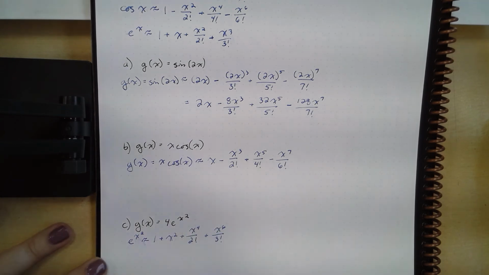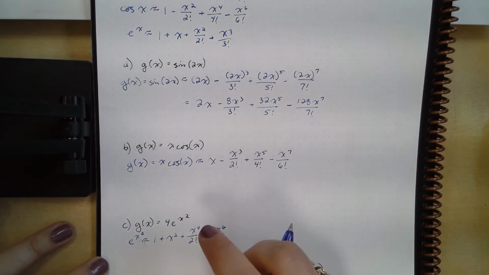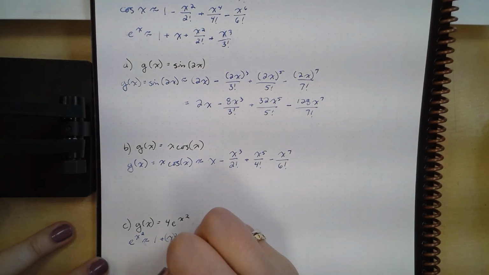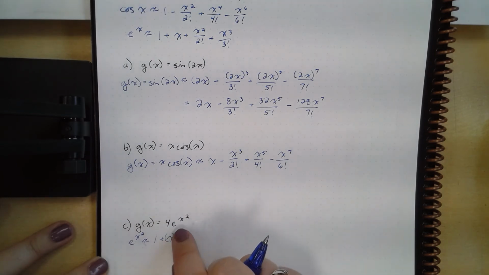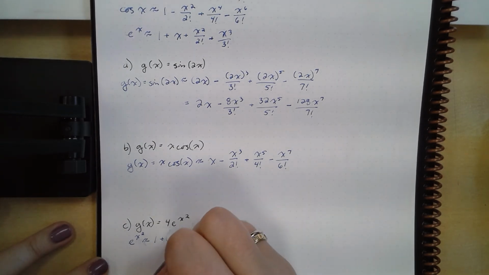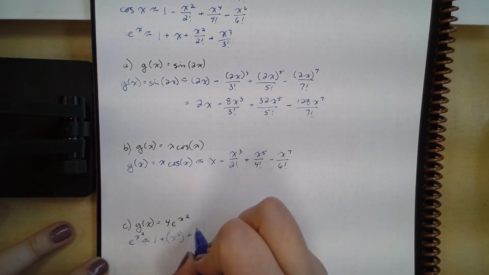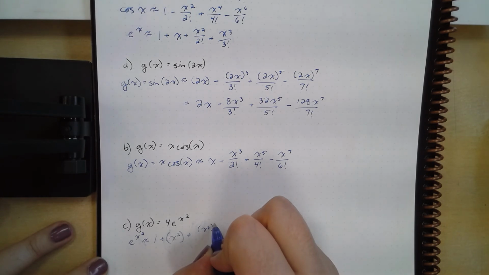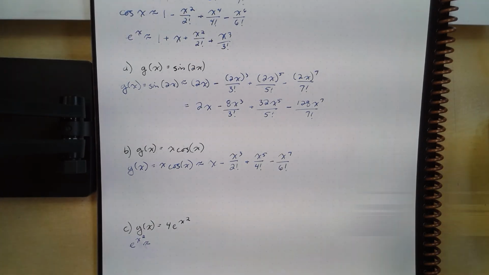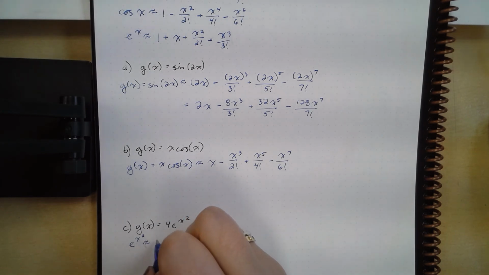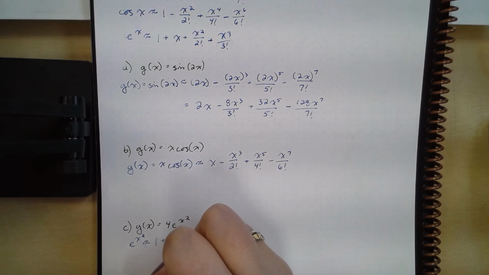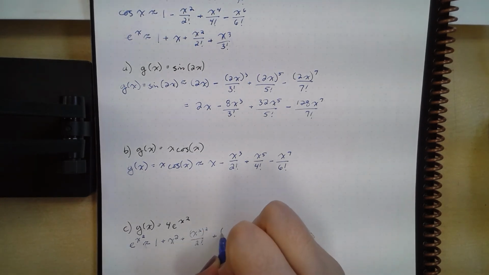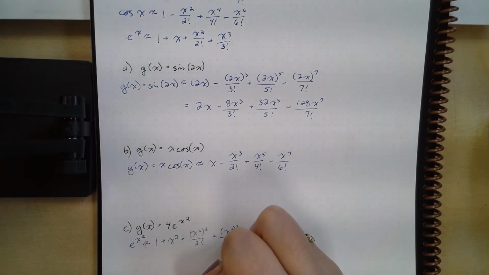Maybe I should rewrite this, just to show you how this comes out. e to the x squared is approximately 1 plus x squared plus x squared squared over 2 factorial plus x squared cubed over 3 factorial.